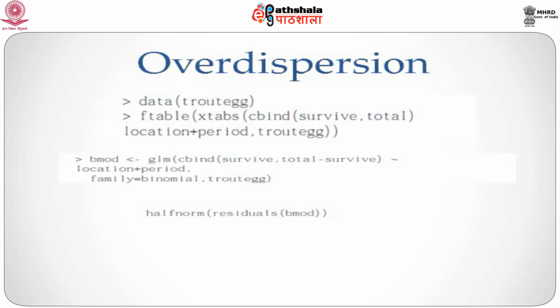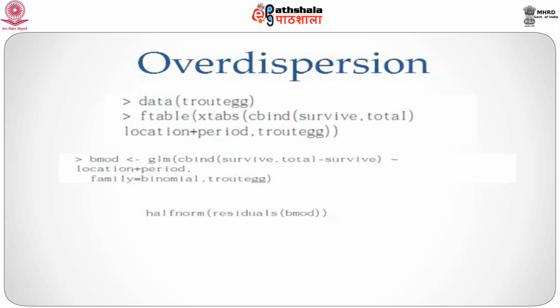A remedy for this is to fit the same model, but in this case we can use a family equal to quasi-binomial. We shall look more at this in a future module. For now, we are estimating an additional scale parameter which we call sigma square, and this is done by summing over the squared Pearsonian residuals from the standard model and dividing by the number of degrees of freedom.